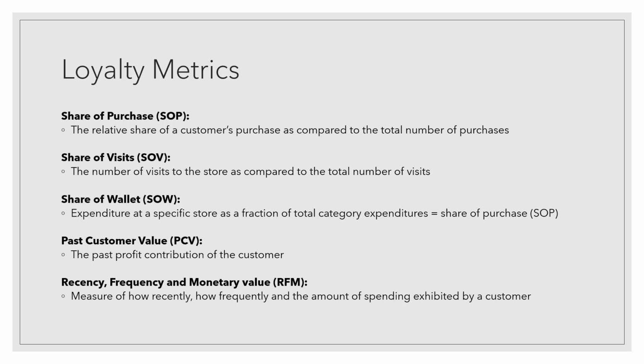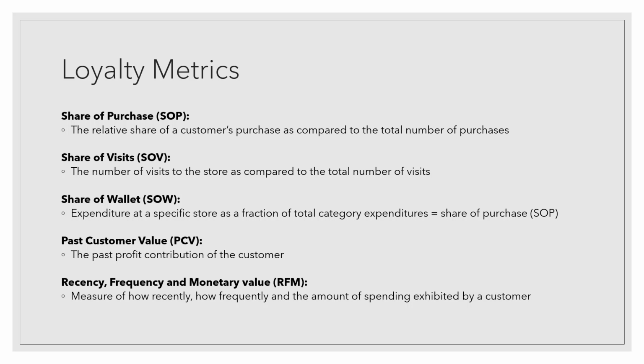Remember that. So the types of loyalty measures, for example, share of purchase or SOP. It's the relative share of customer purchase as compared to the total number of purchases. And share of visits, SOV.